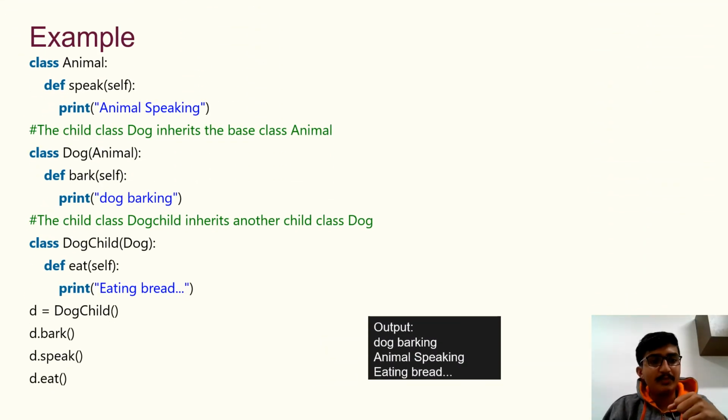Let's move on to an example. We have created the class animal, the example we saw before, which has the definitions speak and bark, and here we have another class added as dog child. Now let's take an example of your grandfather, your father, and you. Your grandfather knows how to use the button phone, your father knows how to use a smartphone, but you know how to use the laptop.